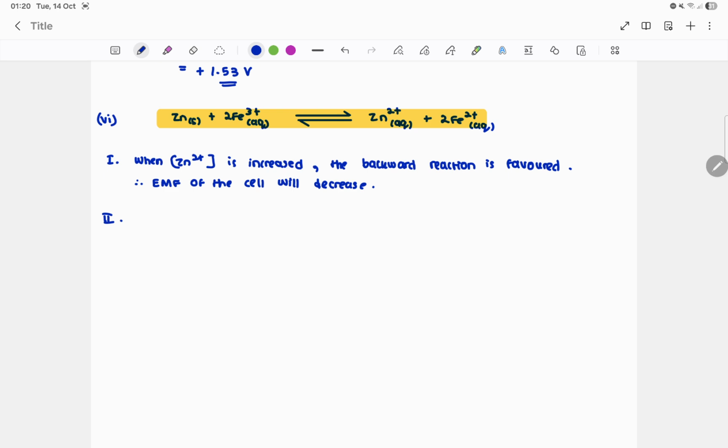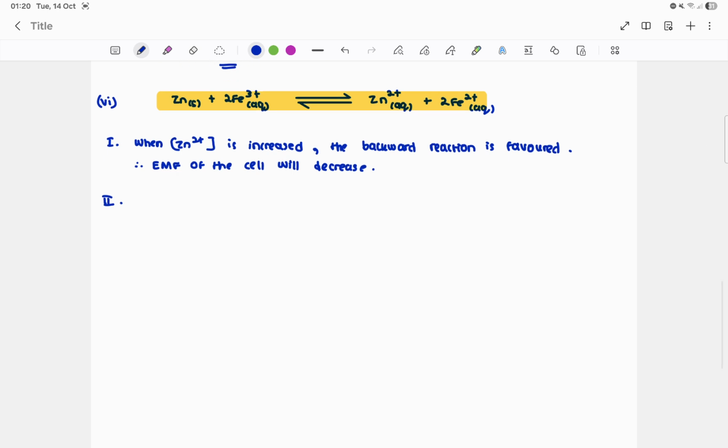In the second one, adding distilled water to the anodic solution. When distilled water is added, the Zn2+ concentration will decrease.